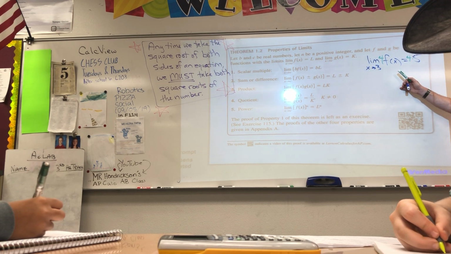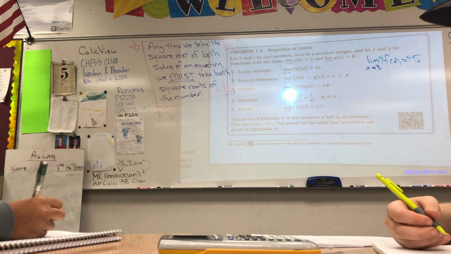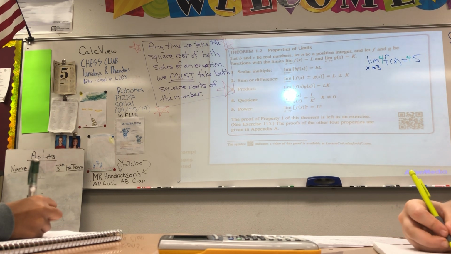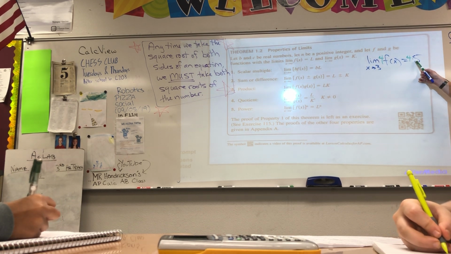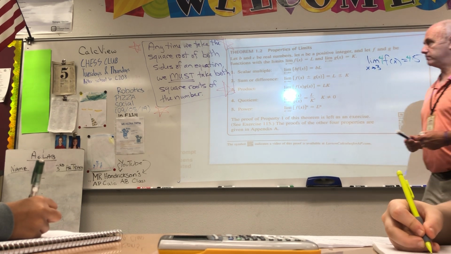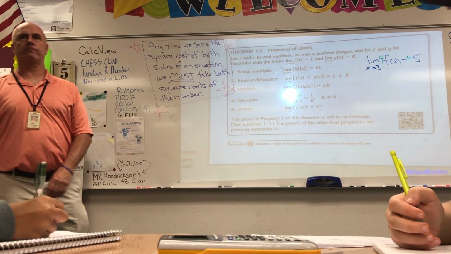Questions on that one? This is a scalar. If we multiply the function by a number, then the limit gets multiplied by the same number. I don't know what the function is. I just made it up and called it f of x.